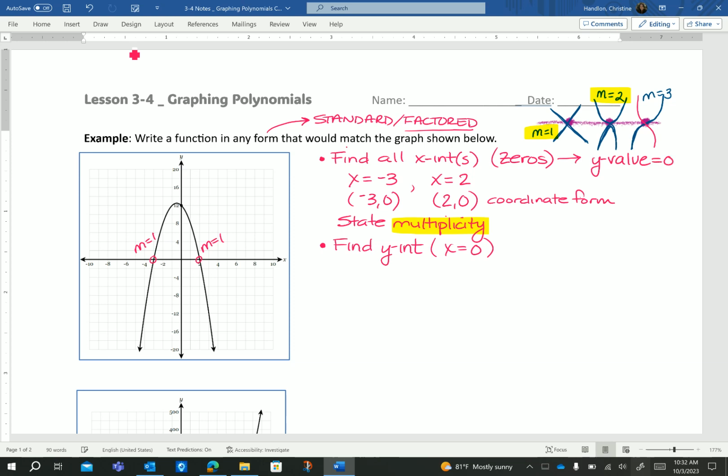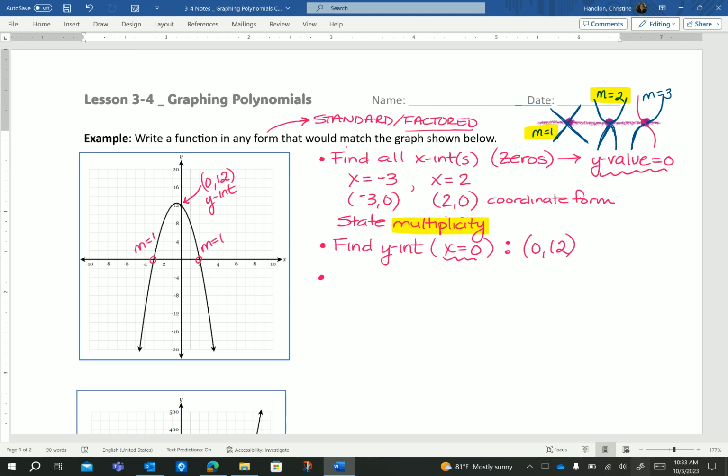This is so important that you remember these characteristics. For the y-intercept, x is 0. So we look right here, and when x is 0, the y-intercept is 12. So there is my y-intercept: (0, 12), or y-intercept equals 12.